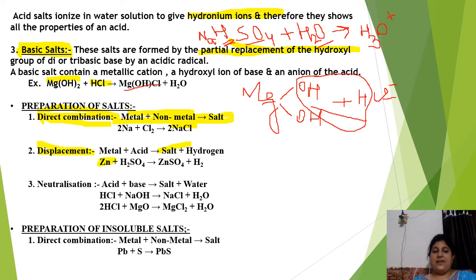So here I have taken the example zinc. Zinc is more reactive than hydrogen atom. So when zinc reacts with dilute H2SO4, it replaces hydrogen and results in the formation of salt.